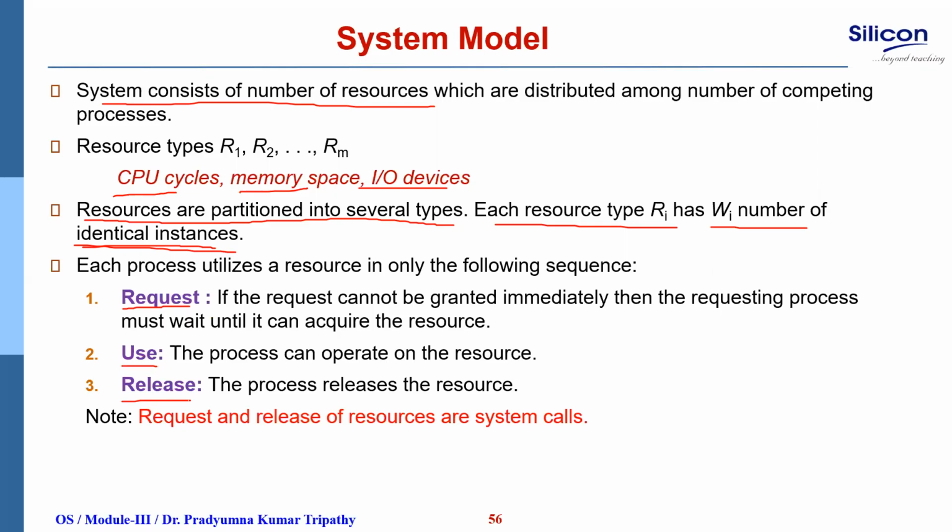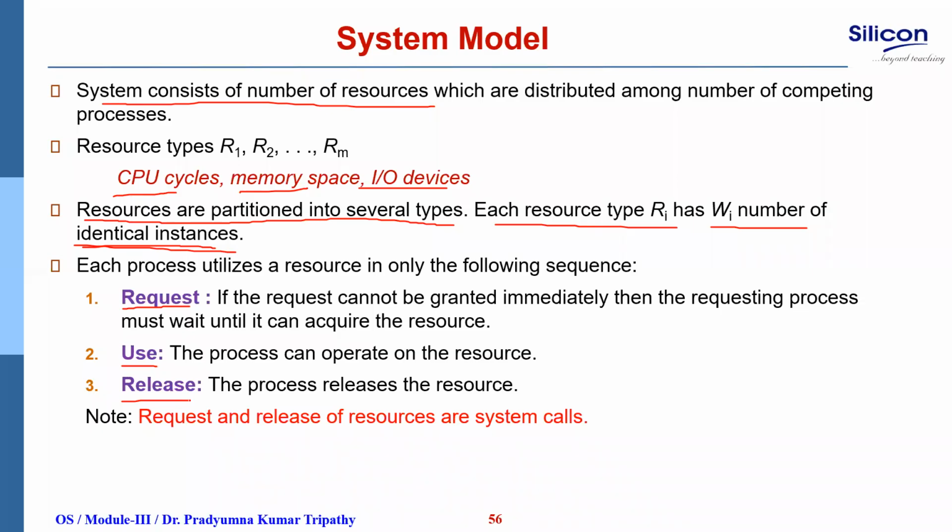First it will make a request. It will be allocated so that it will use it. After the use, the process must release the resource so that another process can take it. Is it understood? So process utilization is done in 3 steps: request, use, release.